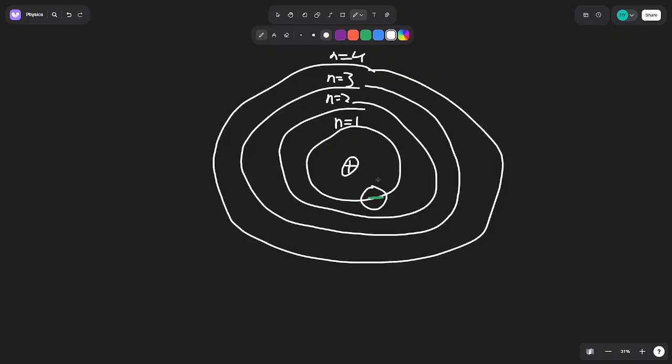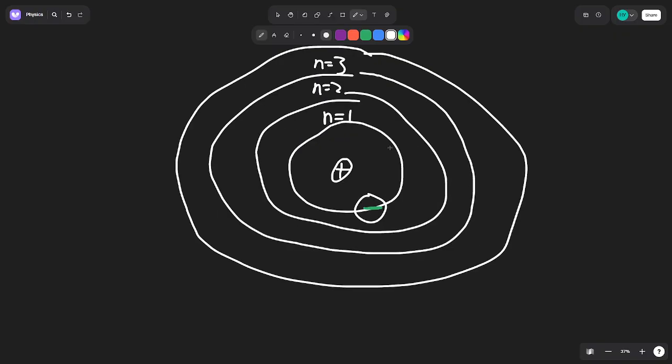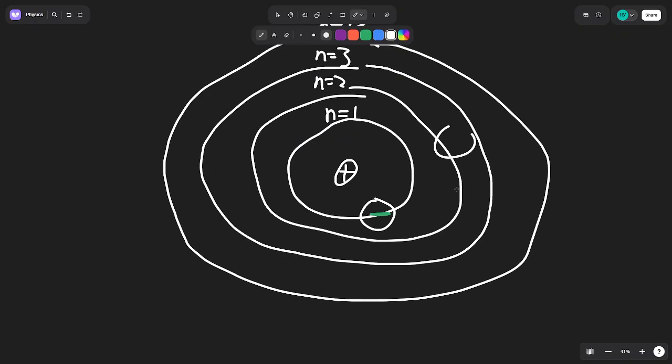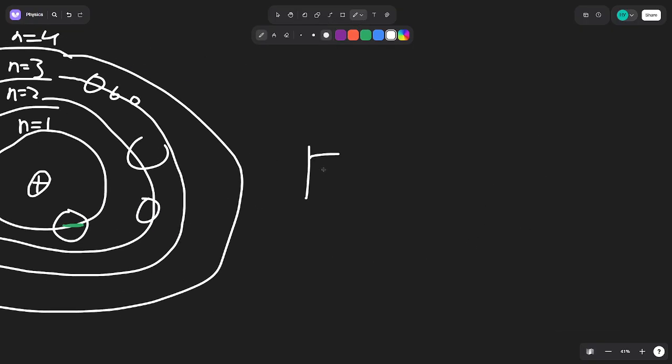So each type of atom has unique energy due to a unique number of particles. We got, for instance, 2 here, 3 here, 1 here, and so on. And each atom, ferrum and cuprum, they all have a different structure.